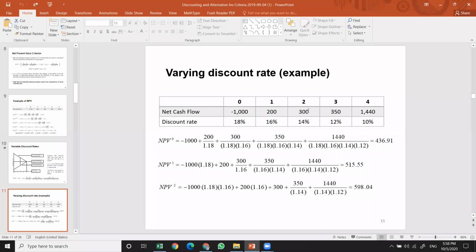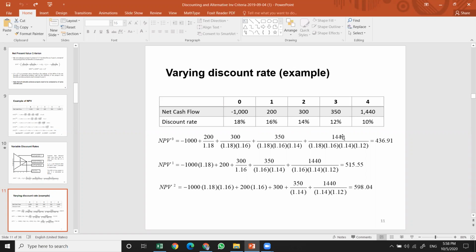We go next to the 300 cash flow. 300 passes from year 1 to year 0. So there are two discount rates it considers, 16 and 18. So 300 divided by 1.18 times 1.16. Then we move to the next cash flow, which is 350. So for 350, it considers three rates, 14, 16, and 18.